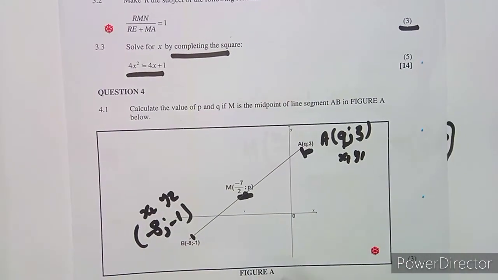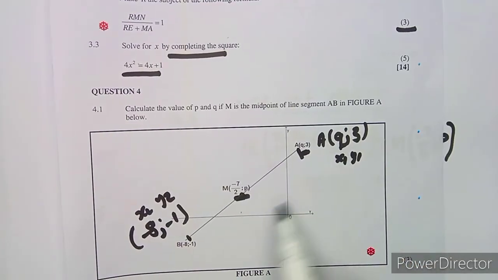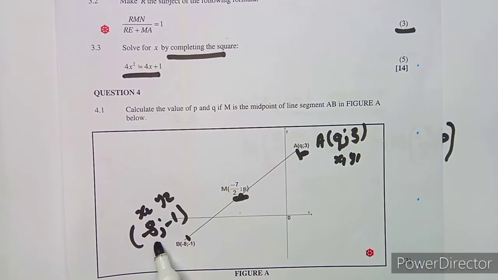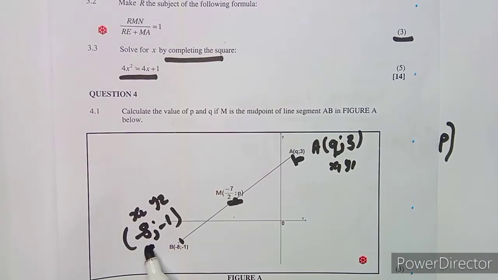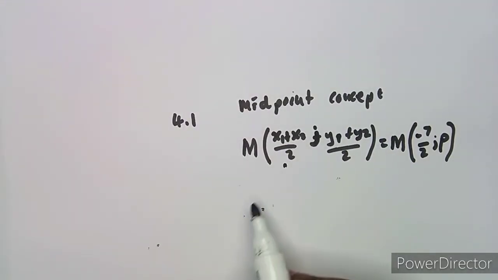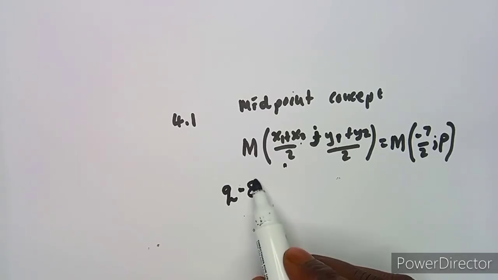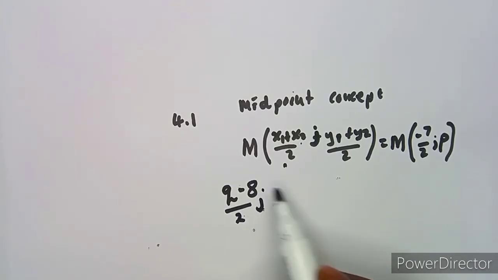Since this is the midpoint, x1 plus x2 is q plus minus 8, which is q minus 8, over 2.